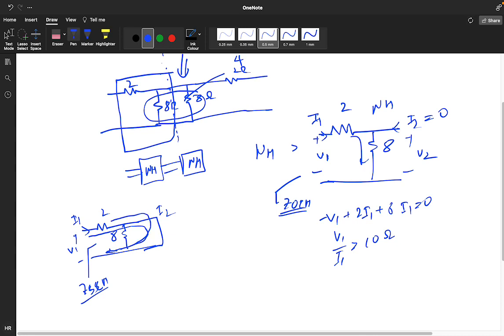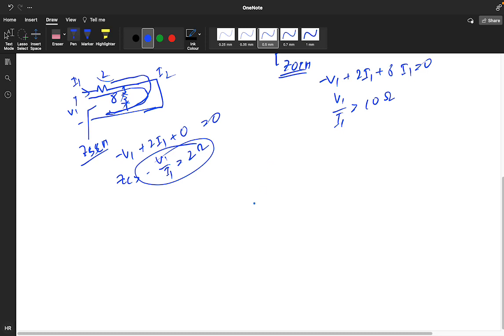This 8 ohm will become redundant, of no use. Apply the KVL: minus V1 plus 2I1, and there is no resistance, equal to 0. So V1 by I1 is 2 only, so ZSCH is 2 ohm. Now you got the values of open circuit and short circuit.